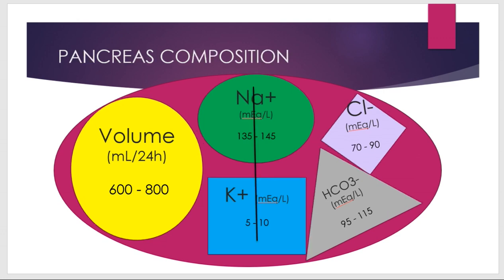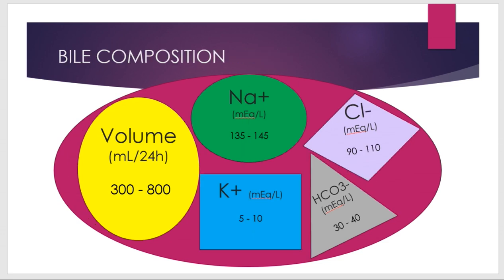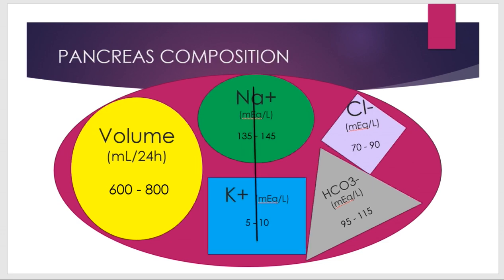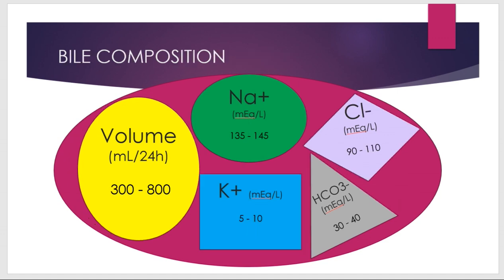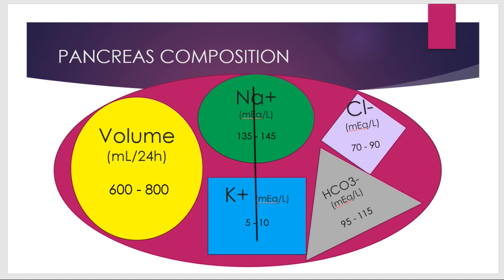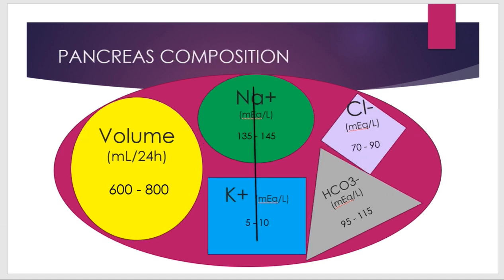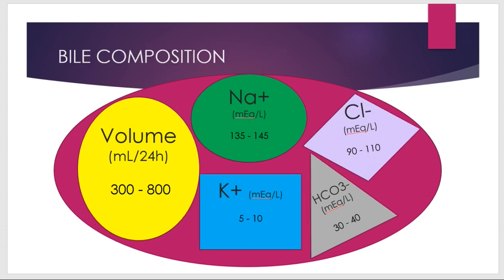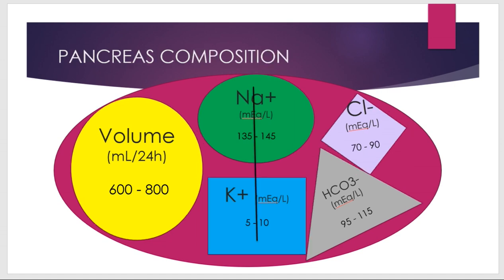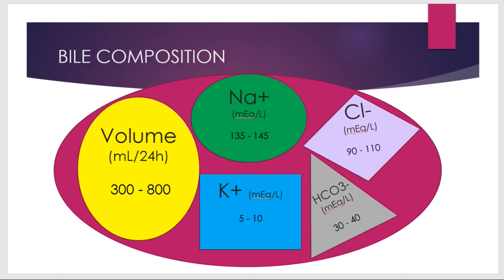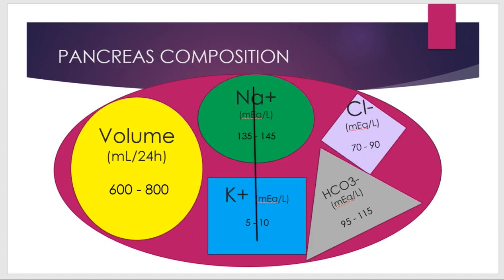The chloride block is smaller as compared to the bile, meaning the concentration is reduced. 90 to 110 in bile now becomes 70 to 90. So chloride is reduced in pancreas. Whereas the bicarbonate triangle is increased from 30 to 40, that is now 95 to 115 milliequivalents per liter.